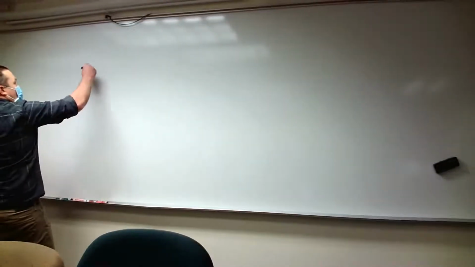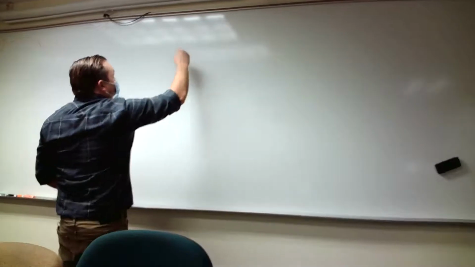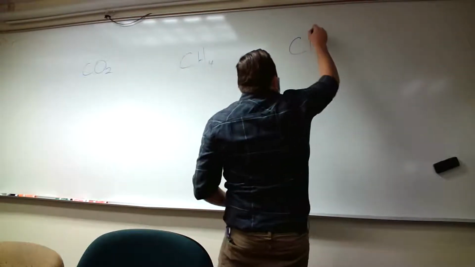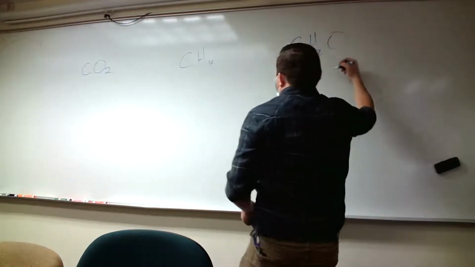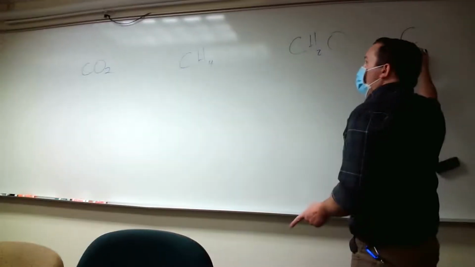Carbon also has a variety of oxidation states. So we've done CO2 before, but we'll practice it again. We've also done methane. We could do formaldehyde, and we probably shouldn't do formic acid.